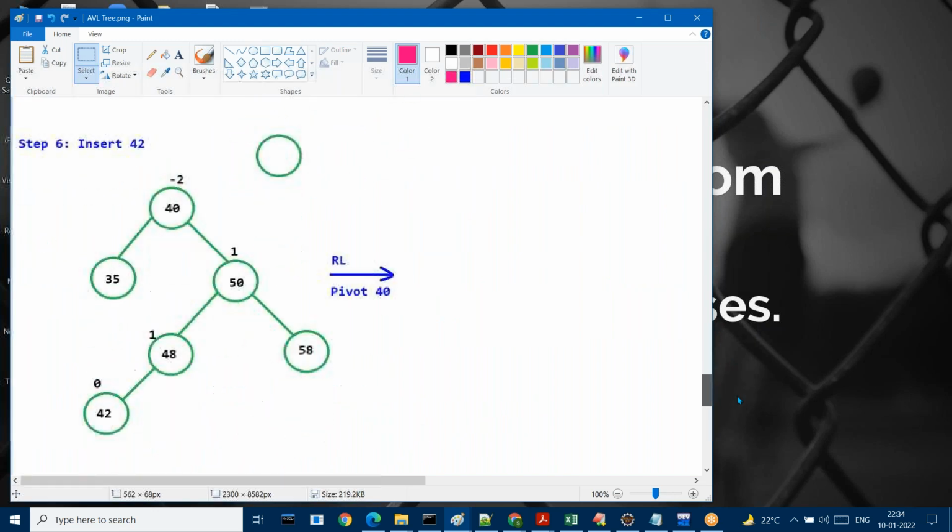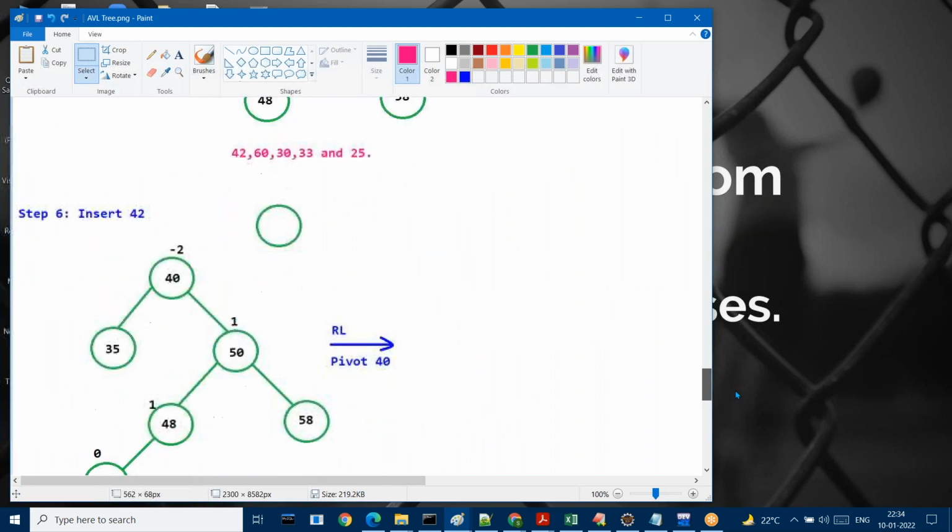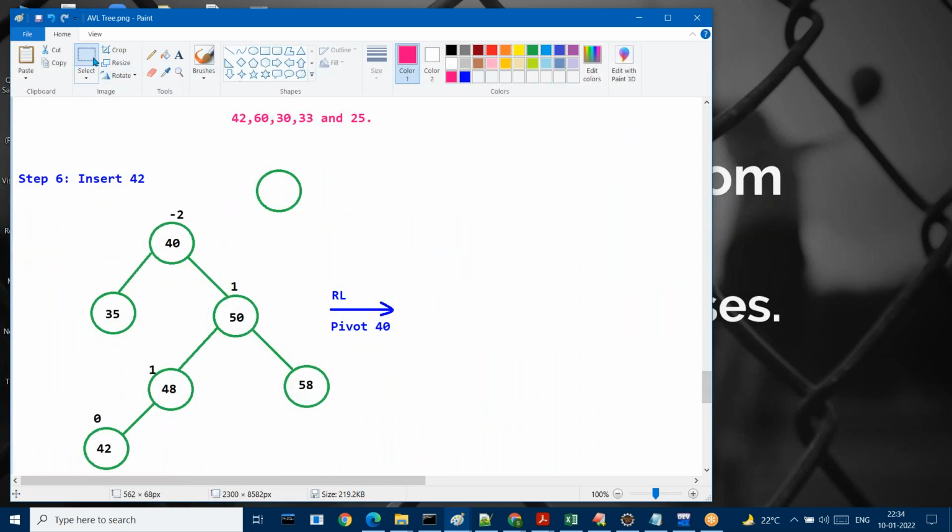Okay. Come here. You are supposed to perform which one? 42 insertion is done. Let me remove it from here. Tomorrow we will insert the remaining ones. Currently where will I focus? Sir, this rotation I have to perform. Do it. So this fellow, guys, RL is a double rotation, na?